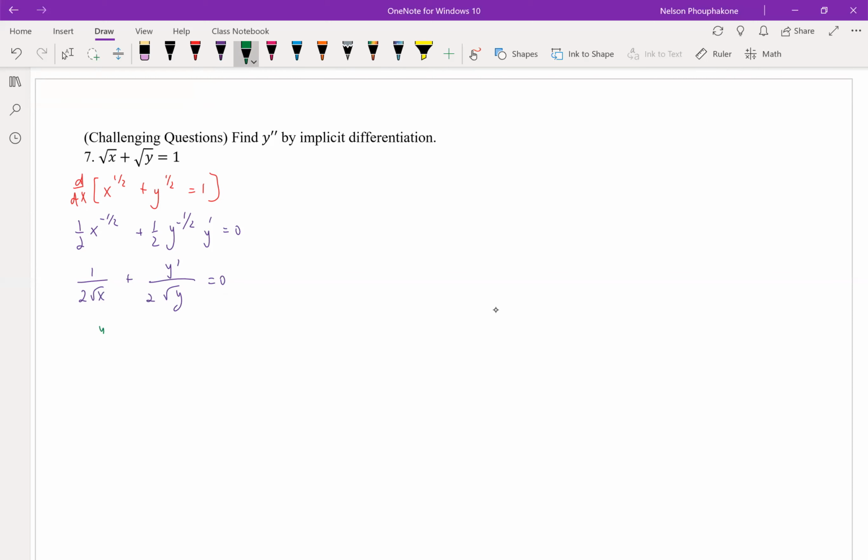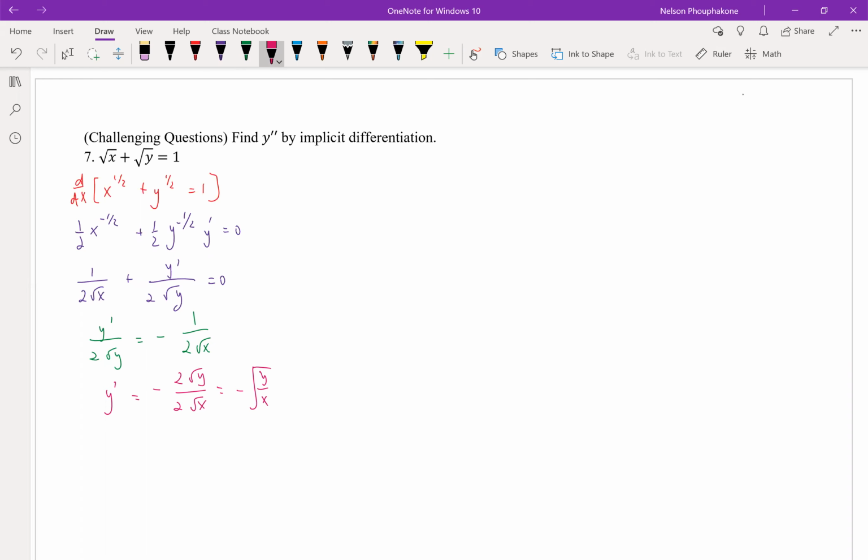So I will have y prime over 2 square root of y equal to negative 1 over 2 root x. And of course, I have y prime is negative 2 square root of y over 2 square root of x, which is negative square root of y over x.